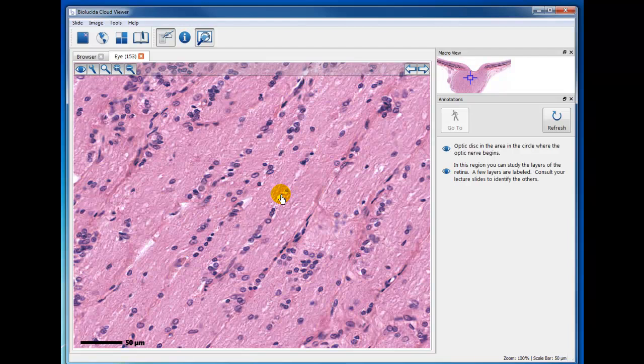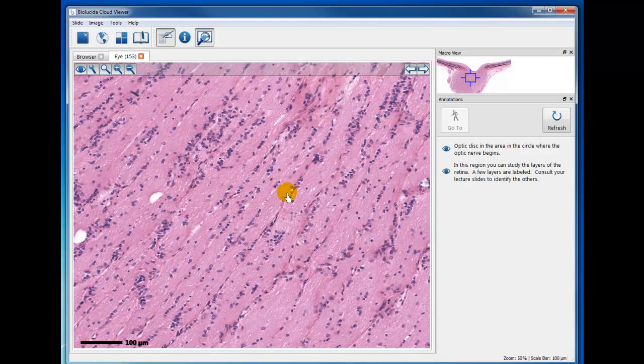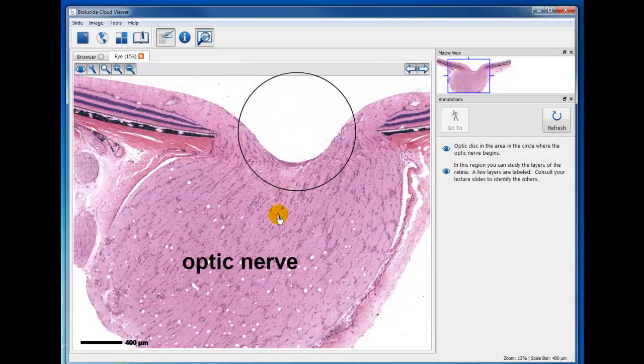So these nuclei you see are mostly Schwann cell nuclei with some nuclei of capillaries, endothelial cells. And then in the pink areas, those are all nerve fibers which will become myelinated out here.